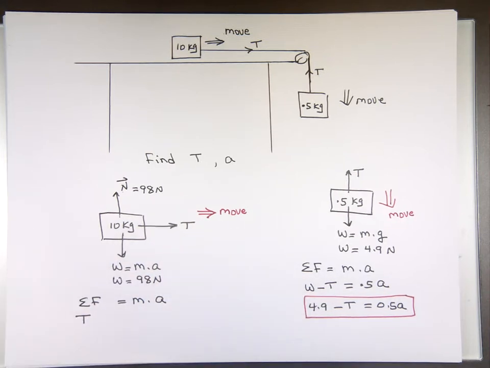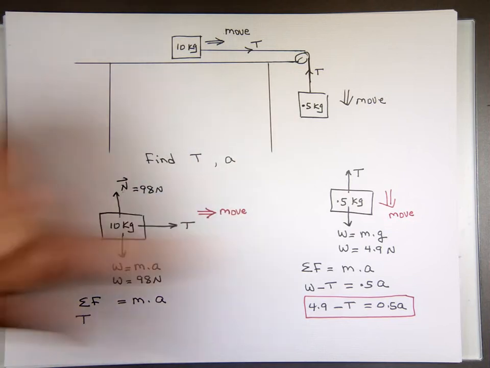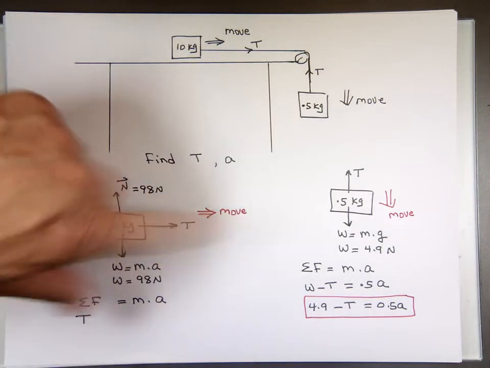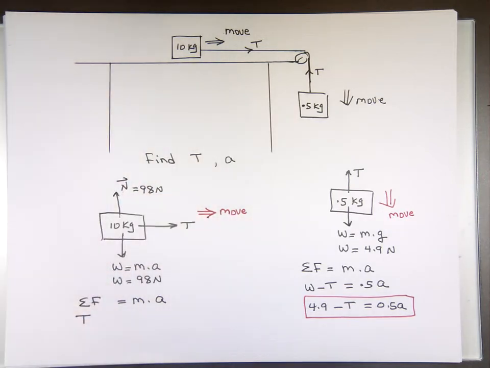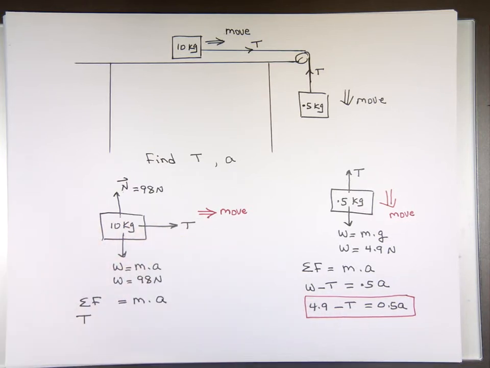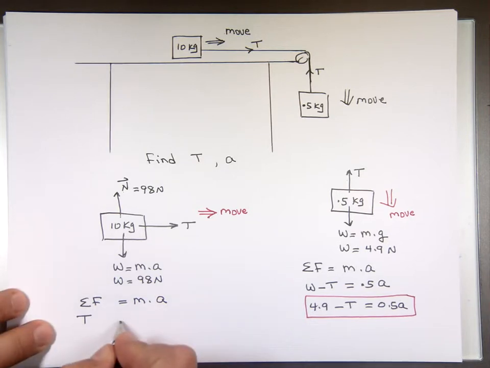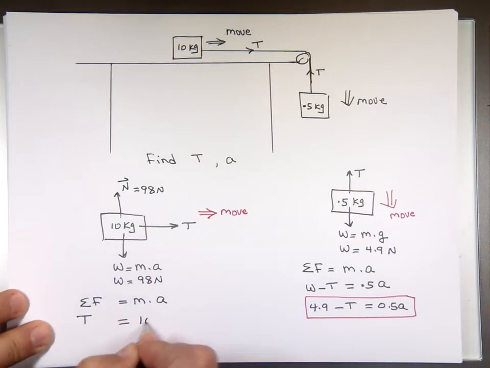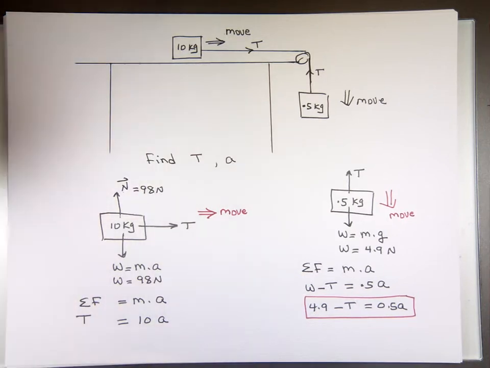N is up, it has nothing to do with this direction. The weight has nothing to do with that direction. So the only thing we have in this direction is the tension. That's it. There's no subtractions from it. That has to equal the mass, 10, times a. Now here's another equation.